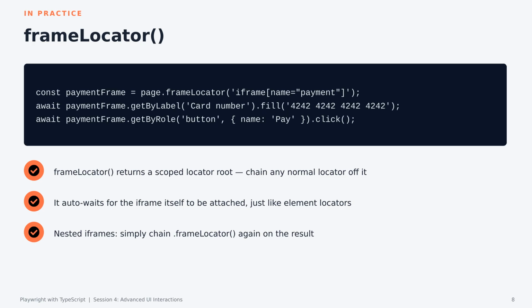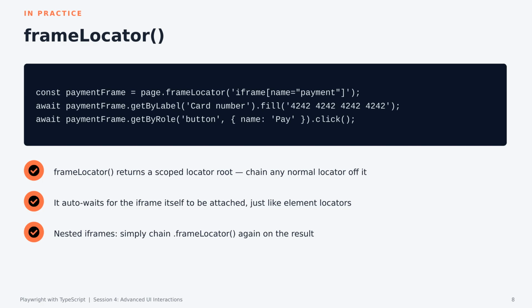Then from that point on, paymentFrame.getByLabel('Card number').fill and paymentFrame.getByRole('button', { name: 'Pay' }).click(). Three things worth knowing. frameLocator returns a scoped locator root, and you chain any normal locator off of it exactly like you would off of page.